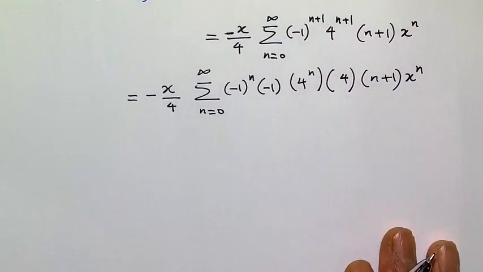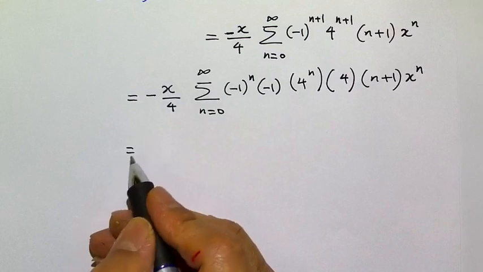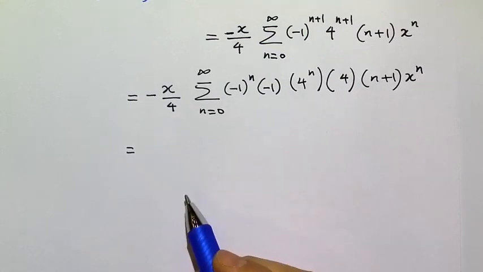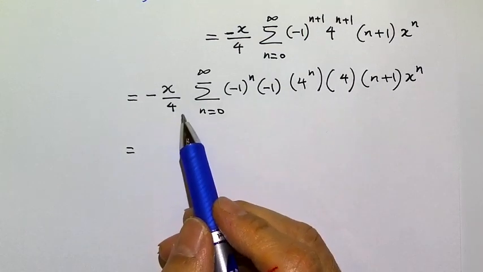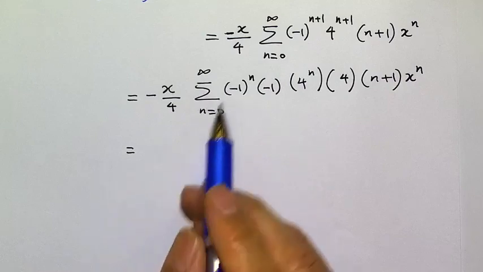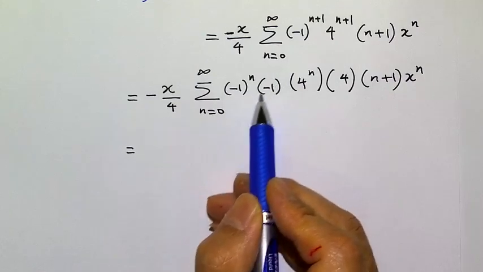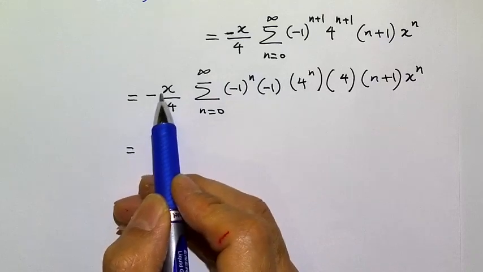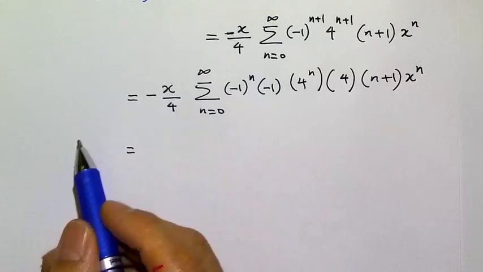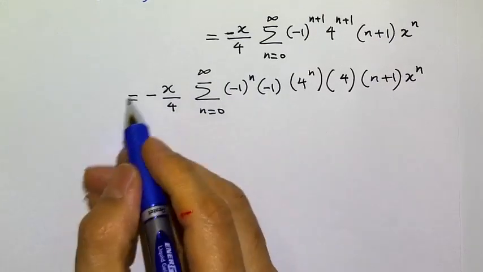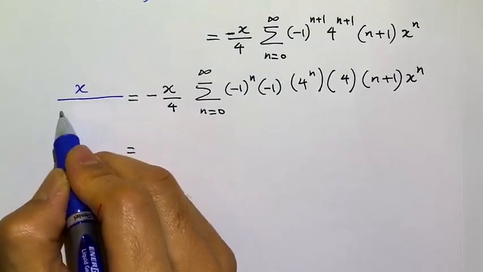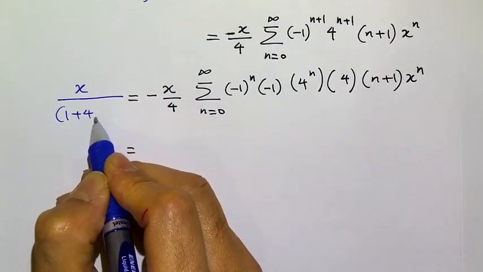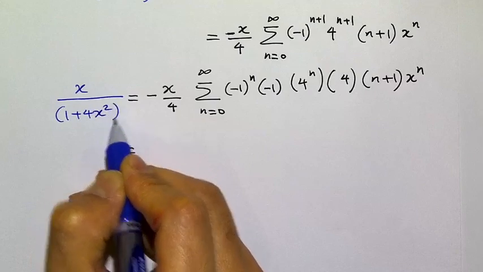Okay. Now, what can we simplify? Well, we have a minus 1 here and a minus here. And the left side, of course, is x over 1 plus 4x squared.